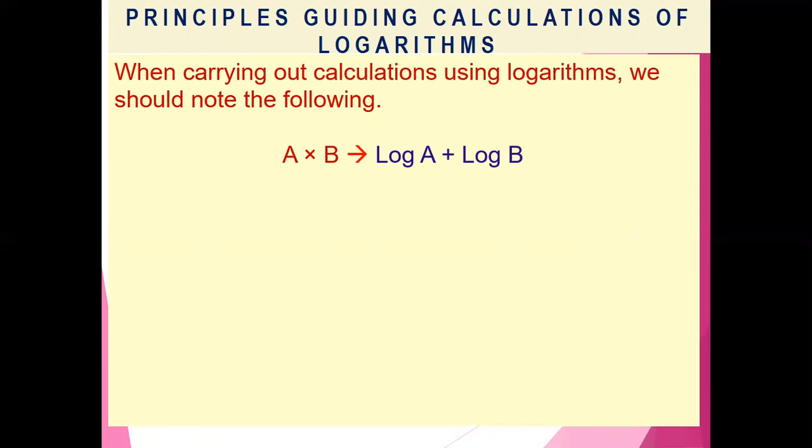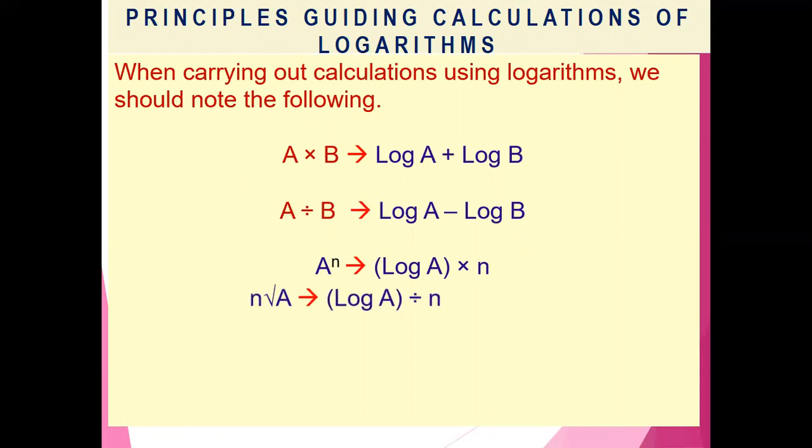When you have a division of two numbers and you find the logarithms of the numbers, you should subtract. When you have a number raised to a certain power and you find the logarithm of that number, you should multiply by the said power. Don't worry, when we take examples, you would understand these rules further.